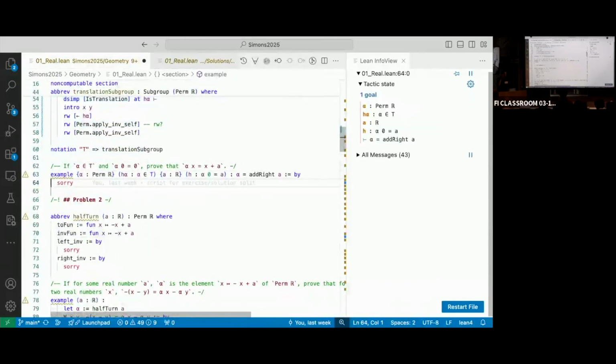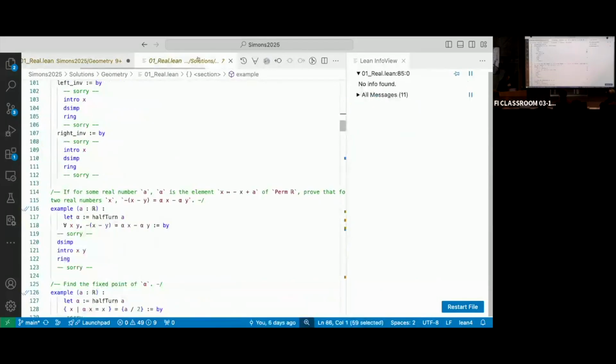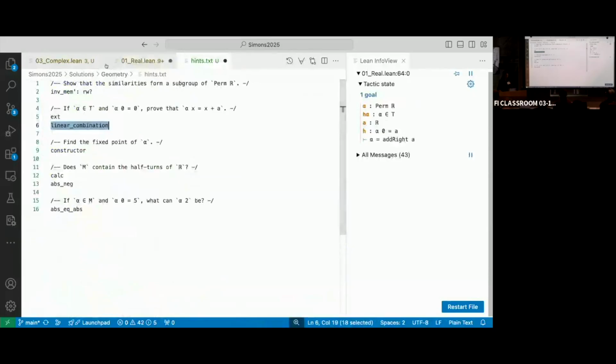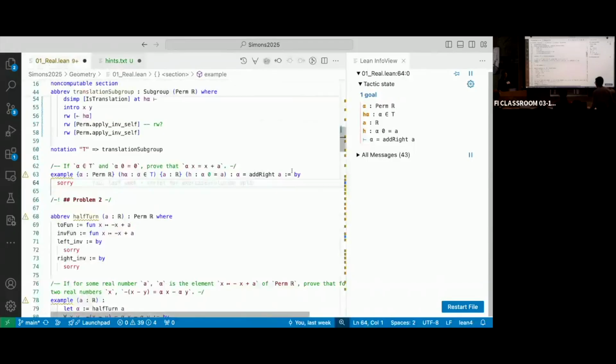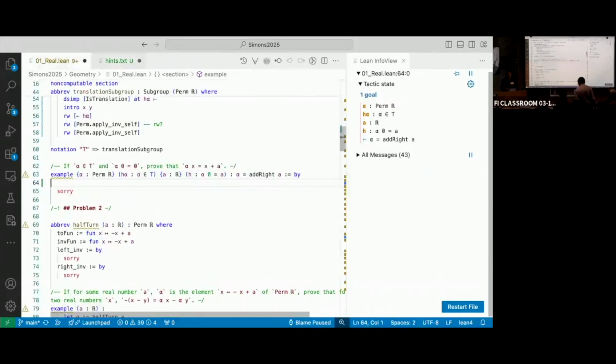So if you have an element of our new translation subgroup, and it fixes 0, to show that it actually is the adding A operation, we need to use two new tactics for this one. I told you to use the ext tactic and the linear combination tactic. So let's demonstrate that. The ext tactic stands for extensionality.